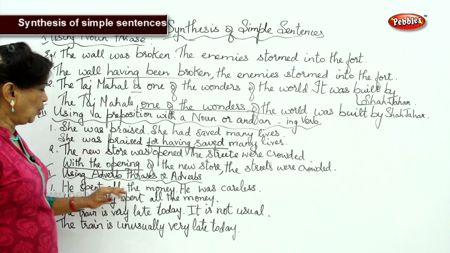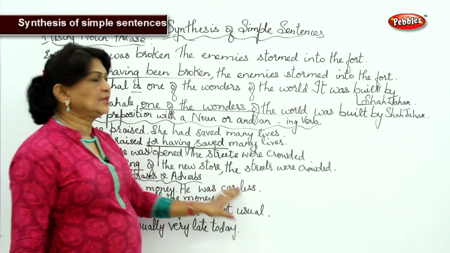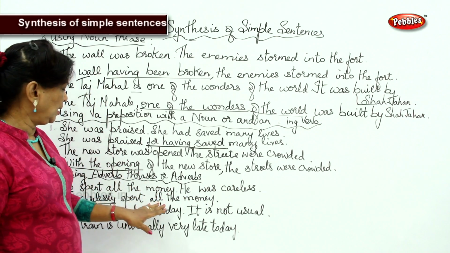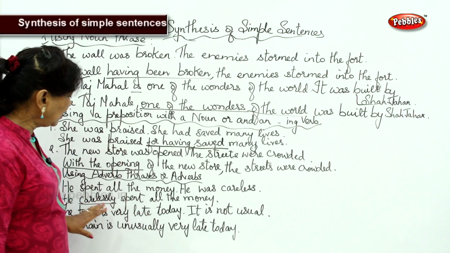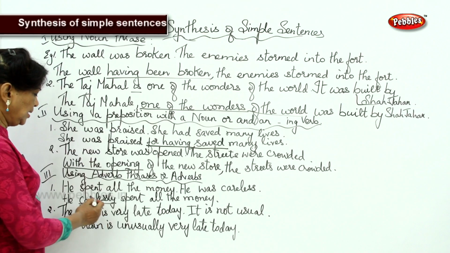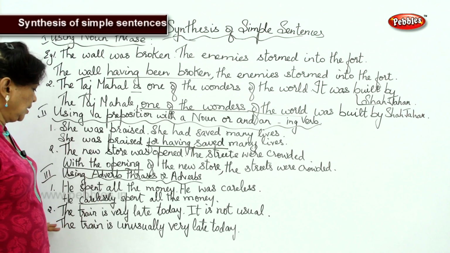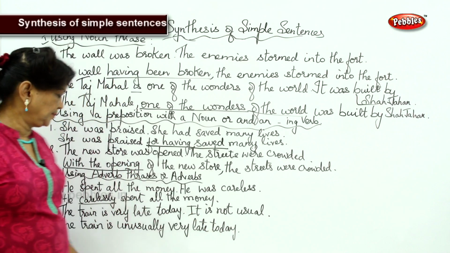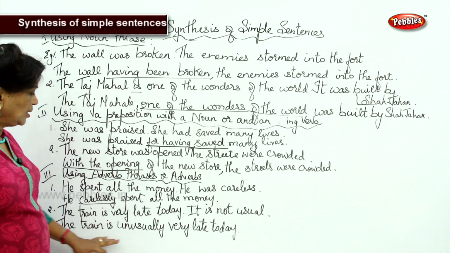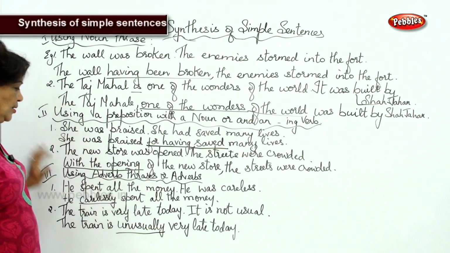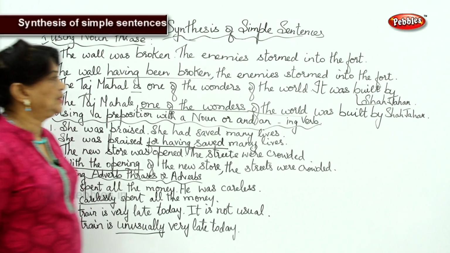He spent all the money, he was careless. He carelessly spent all the money. This is an adverb. The train is very late today, it is not usual. The train is unusually very late today. So, these two are adverbs.